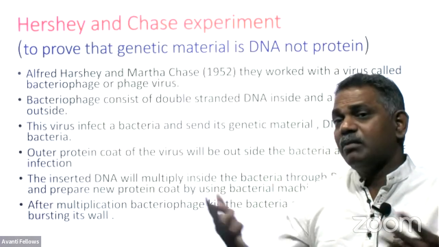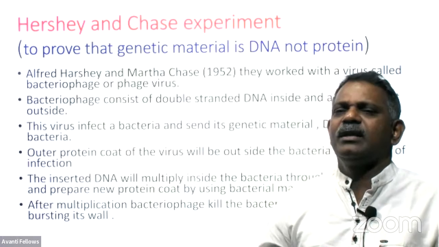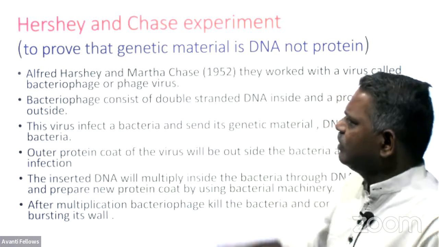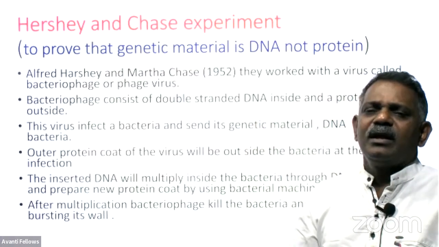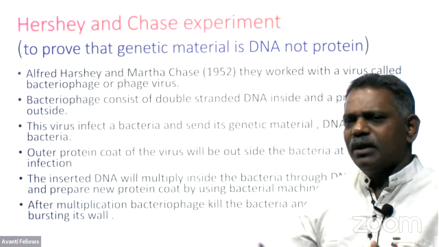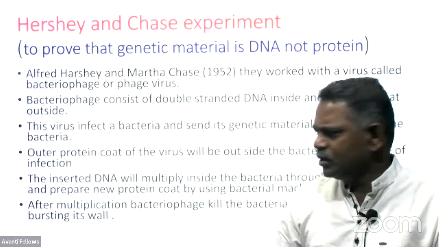After preparing many copies, it naturally breaks the wall of the bacteria and comes out. That is why we call it the bacteria killer. It kills the bacteria at the end. After multiplication, they want to come out, so it breaks the cell wall and comes out.